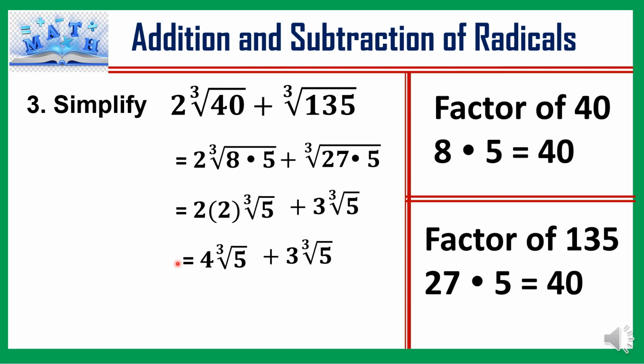So, makikita naman natin na meron tayong like radicals. Again, so we have cube root of 5, cube root of 5, regardless of the term outside the radical symbol. So, kapag meron tayong like radicals, we are going to combine terms outside the radical and then perform natin yung operation na involved. Kagaya nito, 4 plus 3 is equal to 7, then copy like radicals. So, okay po ba?